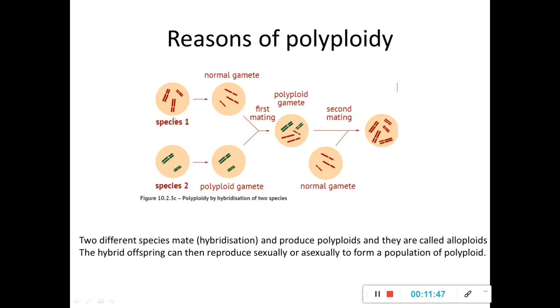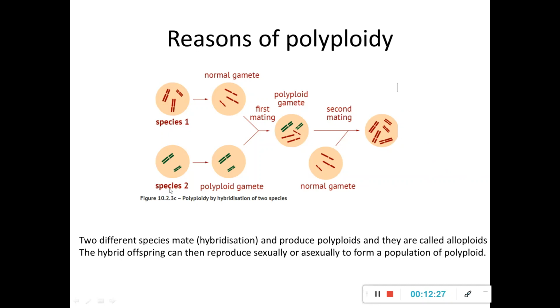You have species 1 and species 2, and this is the normal gamete, where the homologous chromosomes get split and you get half the chromosomes. After the first mating, you get a polyploid gamete, and it will result in the second mating, where both the species combine together and you will get a polyploid species.